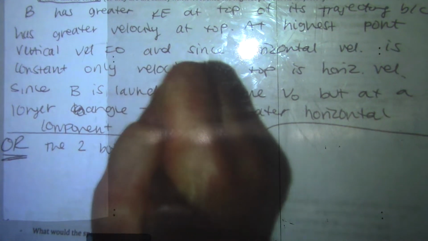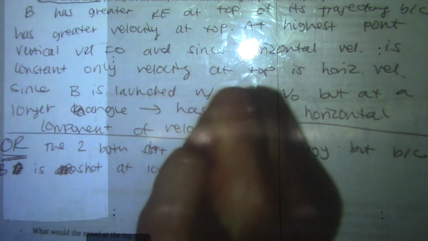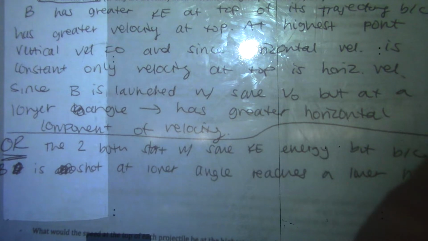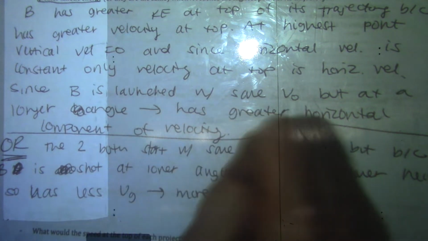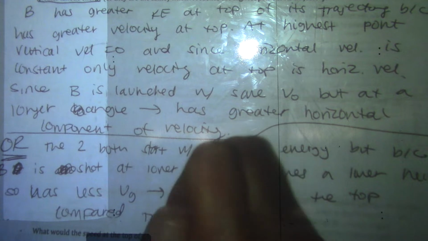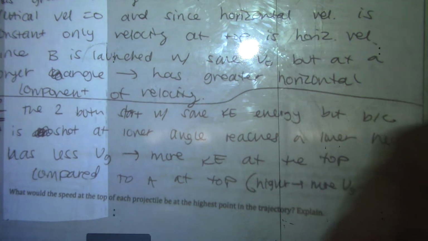So the two both start with the same kinetic energy, but B is shot at a lower angle, it reaches a lower height, so it has less potential energy, which means more kinetic energy at the top compared to A. A, which goes higher, has more potential energy and therefore less kinetic.